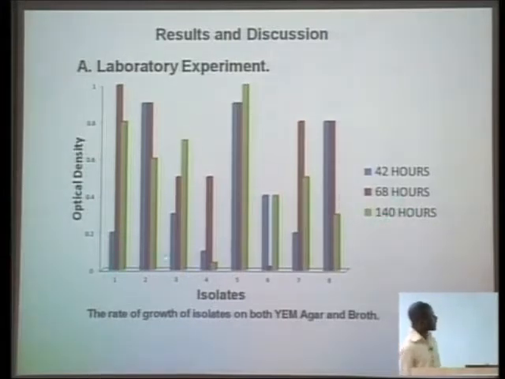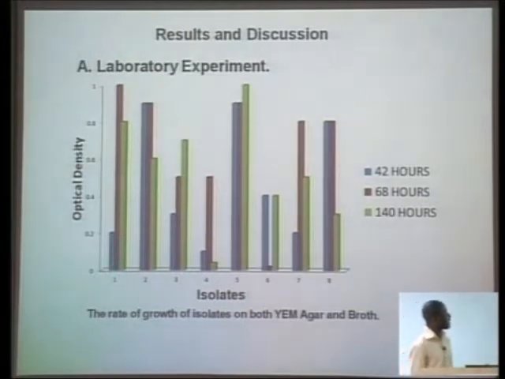Isolate 1 and isolate 7 also have the same trend. At 42 hours, the growth was very slow, and then the growth picked up at 68 hours, and then declined at 140 hours. Of course, you can see that the decline of isolate 7 is higher than the decline of isolate 1.